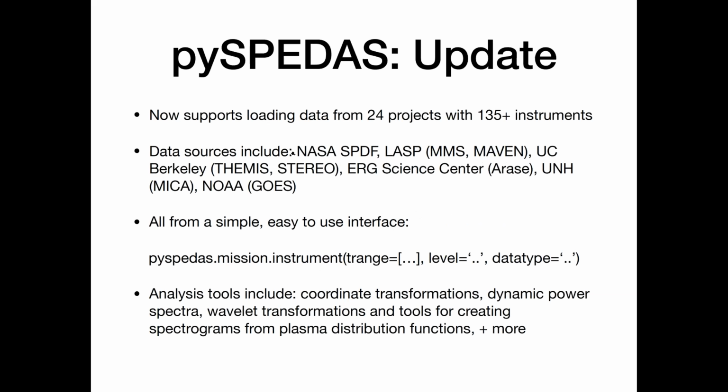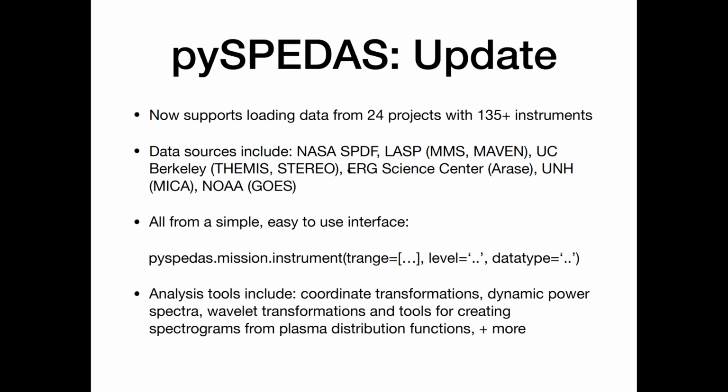Data sources include, the main one, NASA SPDF. We also support grabbing data from LASP for MMS and Maven. That's especially the team only data for MMS, which all comes from LASP. We also support grabbing data from UC Berkeley, so that's the Themis data and the stereo, mag, and plastic data.